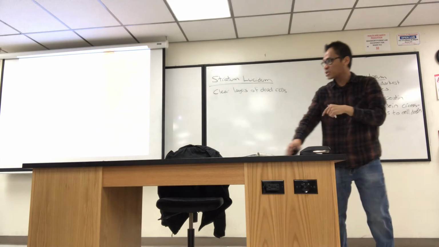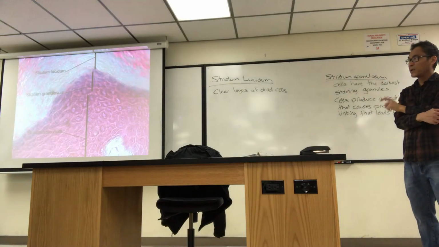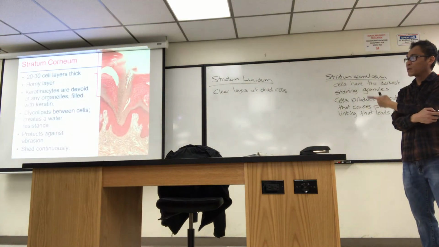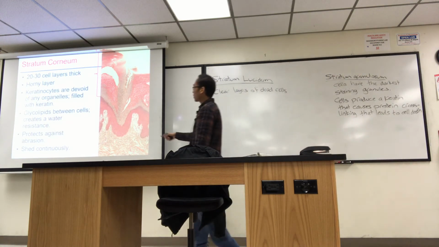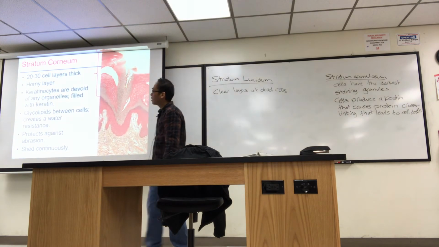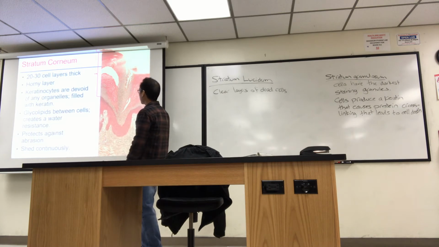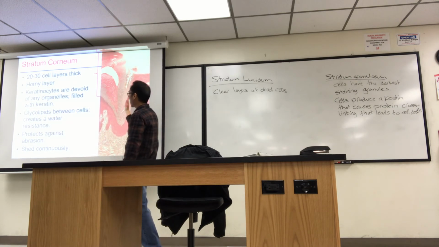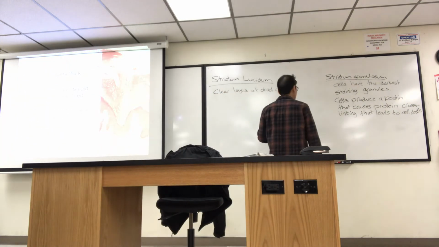So think of it as a transition layer between stratum granulosum and corneum. So there's stratum lucidum there, and stratum corneum on top of it. On this one, there's my lucidum and corneum right on top of that. Many layers, 20 to 30 layers thick. They call it a horny layer because it's not flat, right? It has all these hills on it. Stratum corneum.